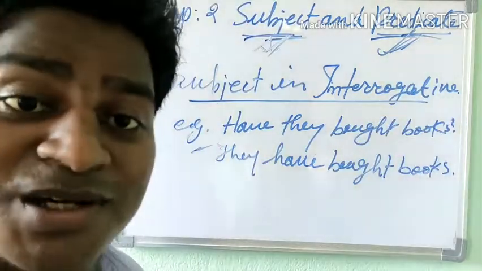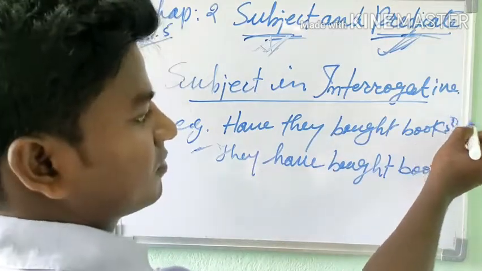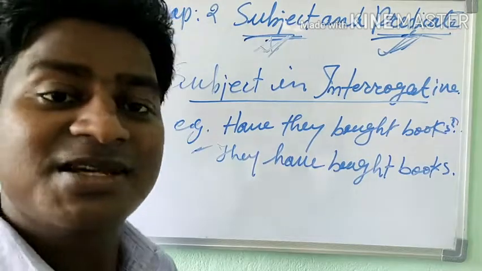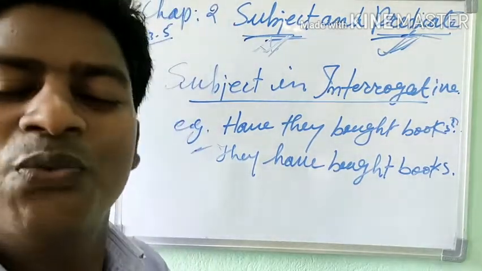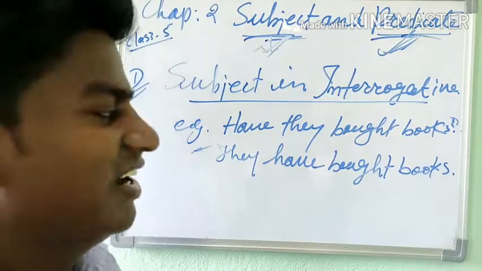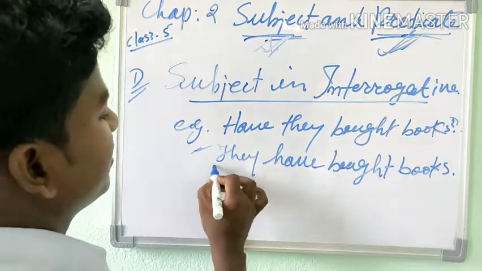They have bought books. So this is a question, and this question we just turned into a simple statement to find out the subject in that sentence. And now easily we can find the subject is they.